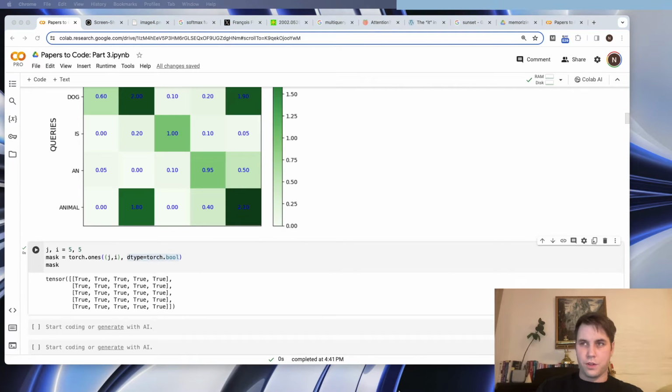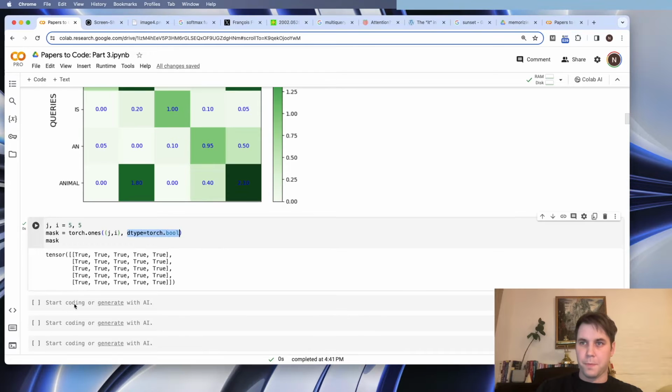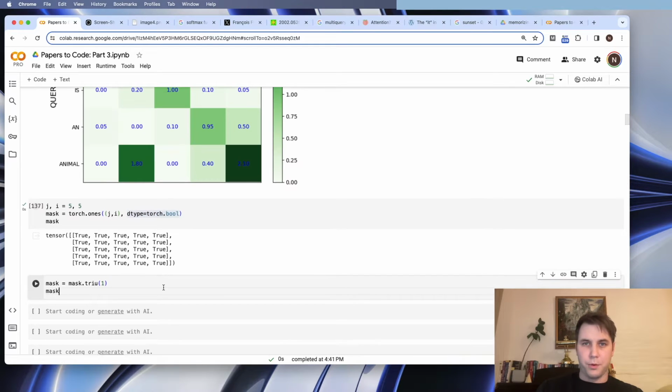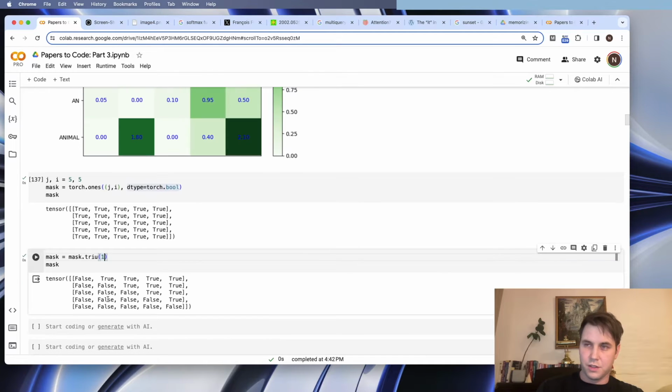Now, there's another handy function here, which is triu, or triangle upper, and there's an associated tril, triangle lower. Basically, these take your matrix and pick out the upper triangle. And this parameter specifies along which diagonal you want to make the triangle. So I'll show you what this looks like. It's doing what we want, where we're setting all of these values to True, and eventually we're going to mask them out.